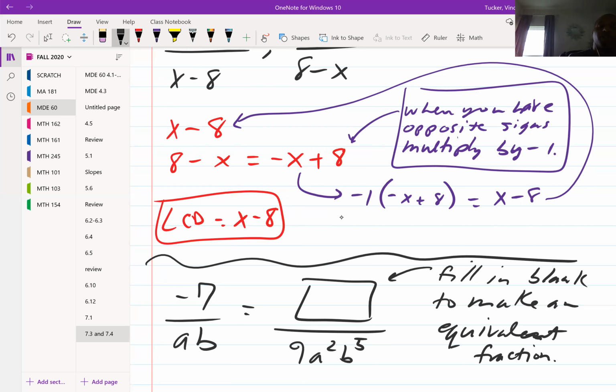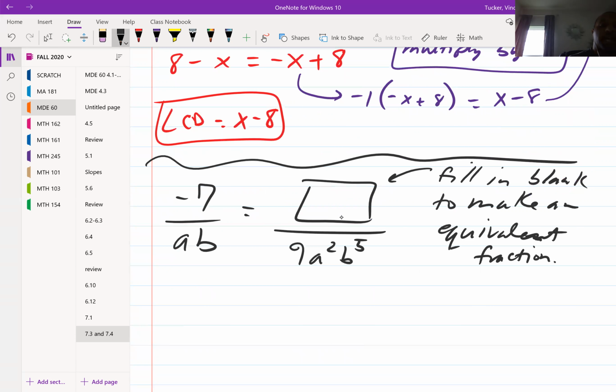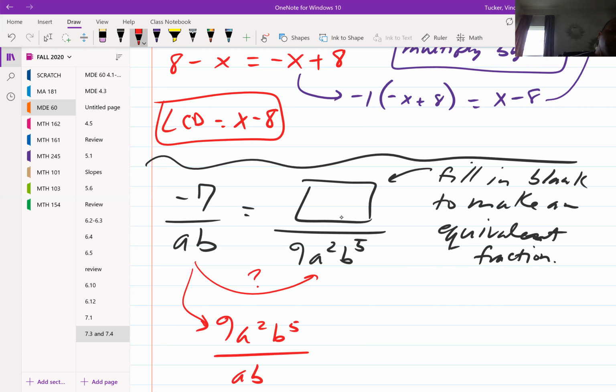So what you have to do is ask yourself, what times ab will give me 9a squared b to the fifth? So how do you get from one denominator to the next? One way you could do it is take 9a squared b to the fifth divided by ab. It's going to be 9a b to the fourth. You subtract your exponents.